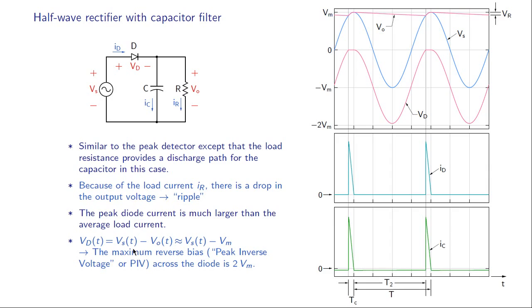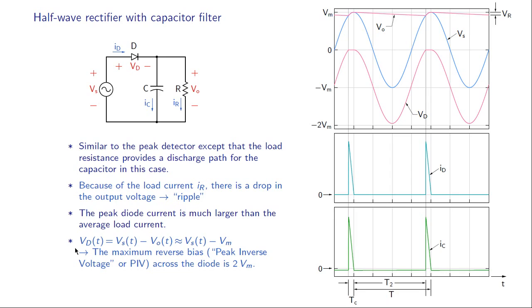That is Vm sin omega t or Vm cos omega t, depending on where we take the origin. What about Vo of t? Vo of t is nearly constant, provided this ripple voltage is small, and that is indeed the case in practice. So therefore we can say that Vo is nearly equal to Vm.